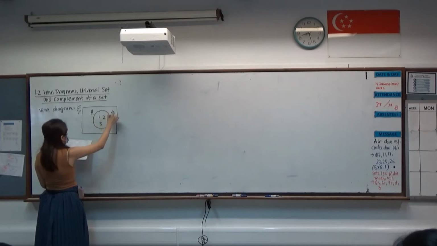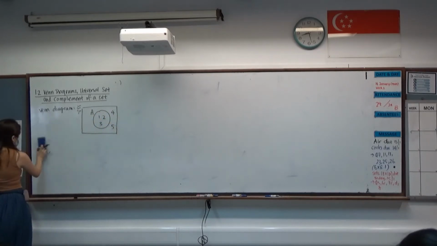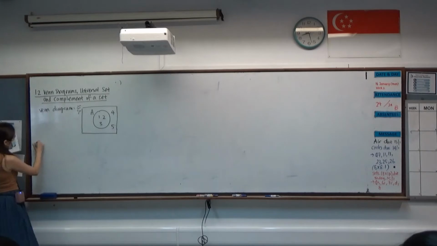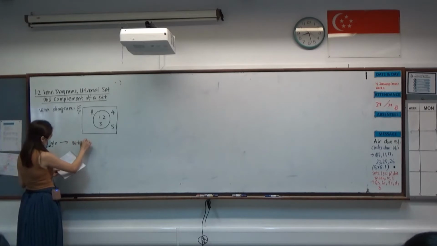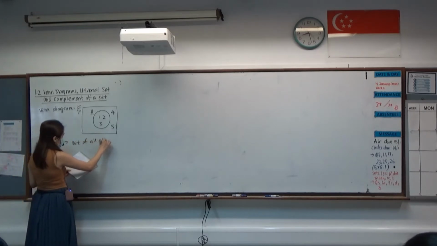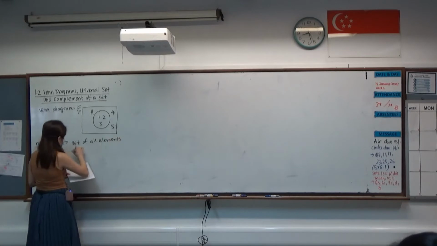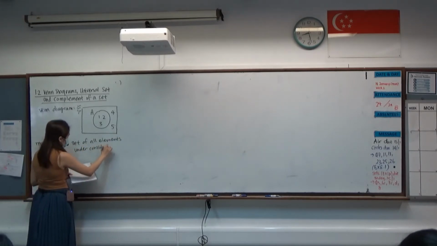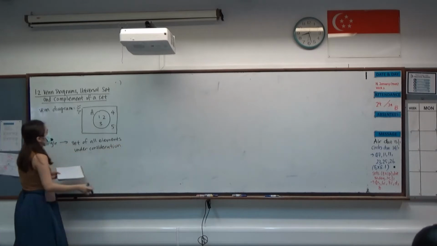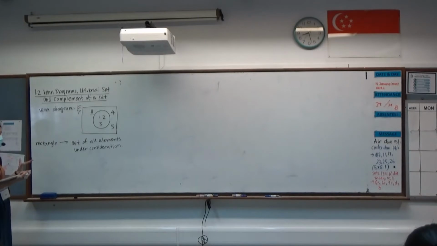So as an example, I will have it this way. What the rectangle represents is a set of all elements under consideration.